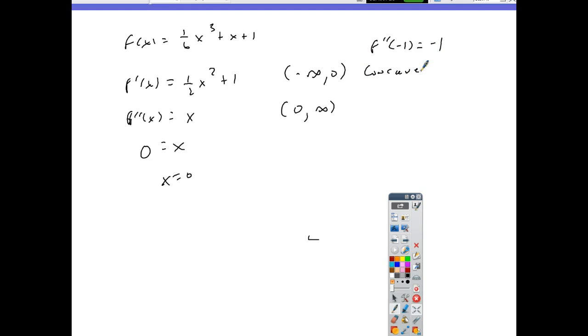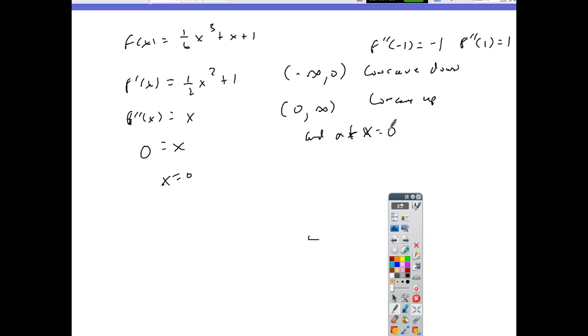Remember the picture? It was concave down. Above it, let's try 1. I get 1. So therefore, it would be concave up. And at x equals 0, it's changing from concave down to concave up.